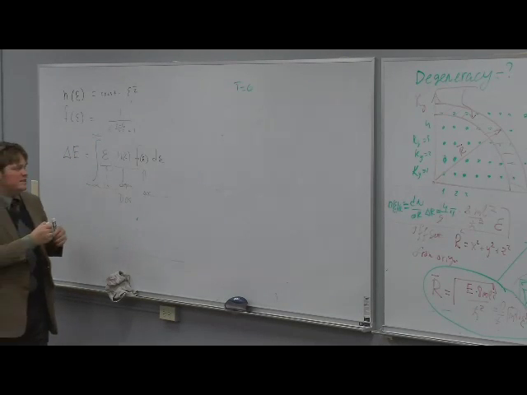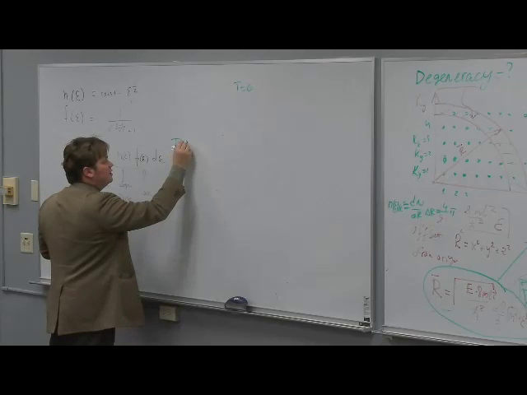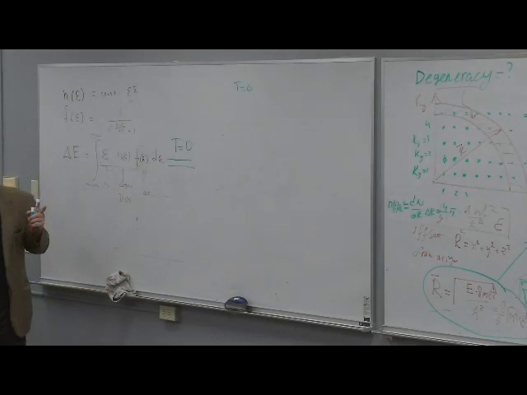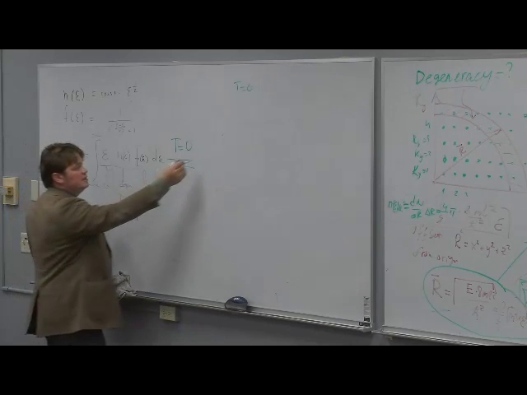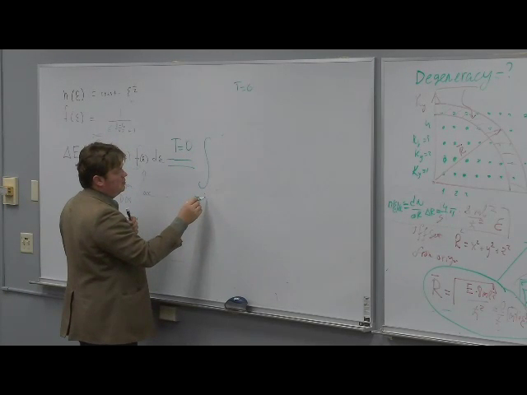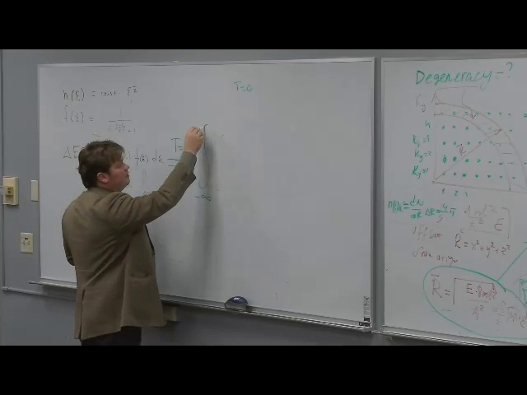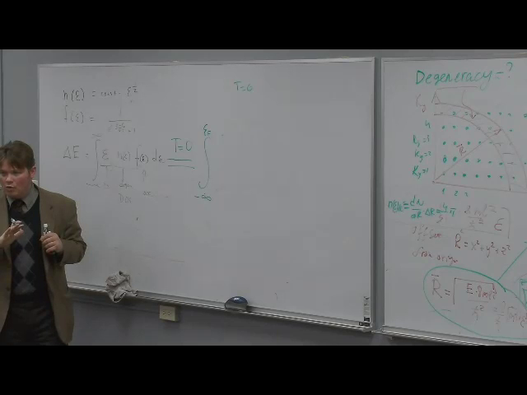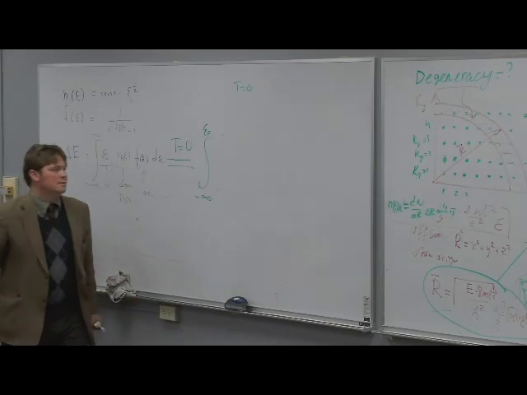Now, we do assume that temperature is equal to 0, and our Fermi distribution reduces to our standard thing with only occupied and unoccupied, which means that we need to integrate only from minus infinity to Fermi energy. So integrate only over occupied orbitals.